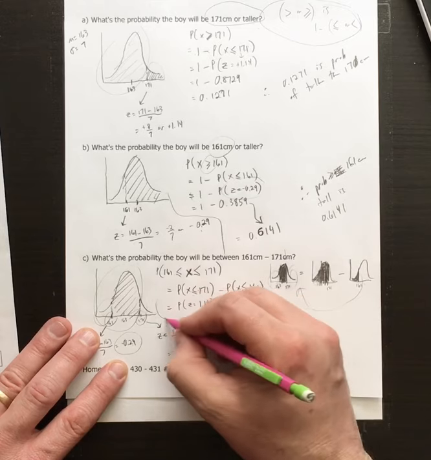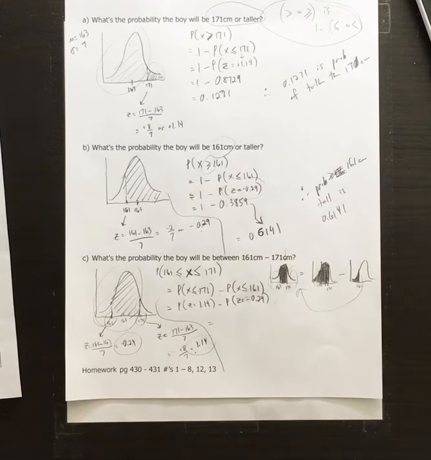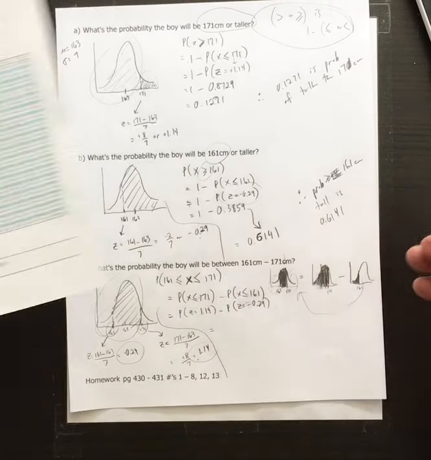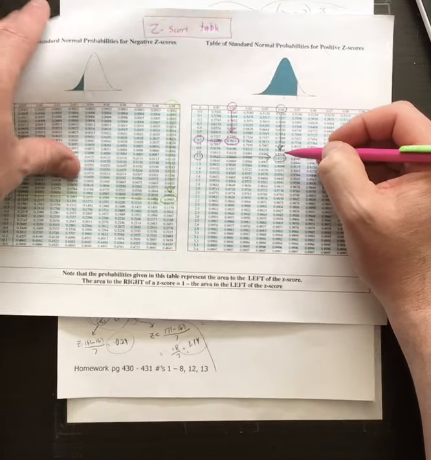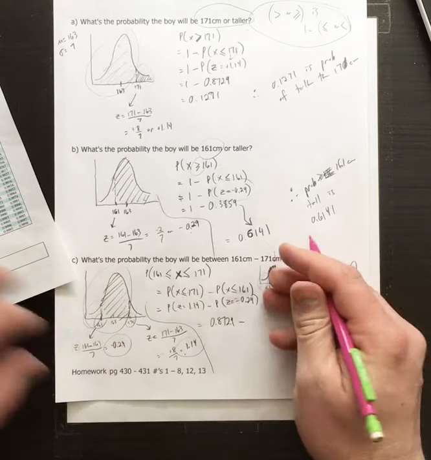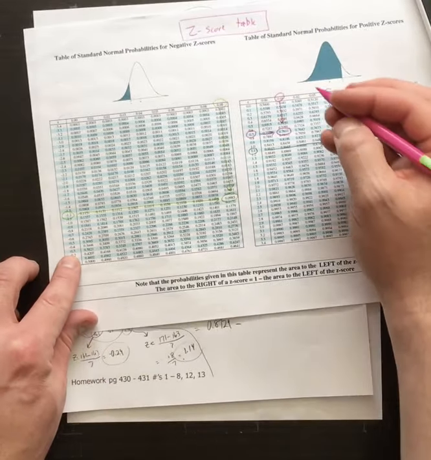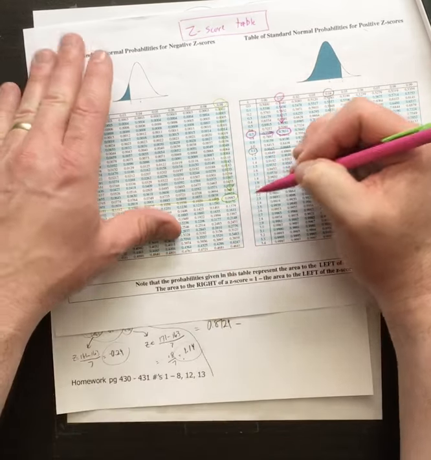Then we can go ahead and do those calculations. I didn't really space it out very nicely, but either way, I go up on my z-score table and look up 1.14, which gives 0.8729. And then I look up negative 0.29, all the way across, 0.3859.